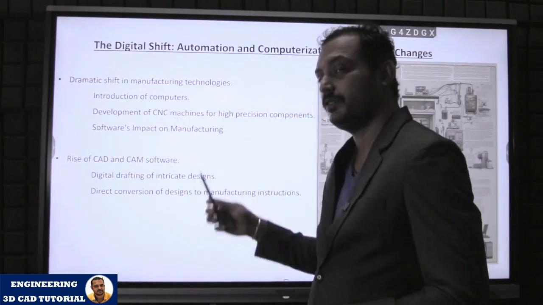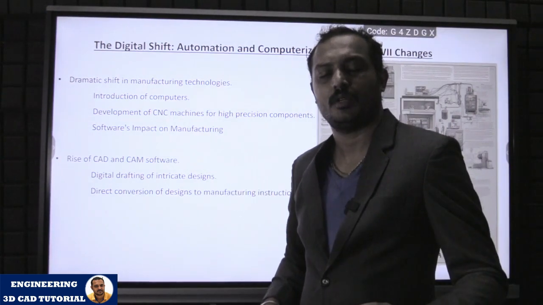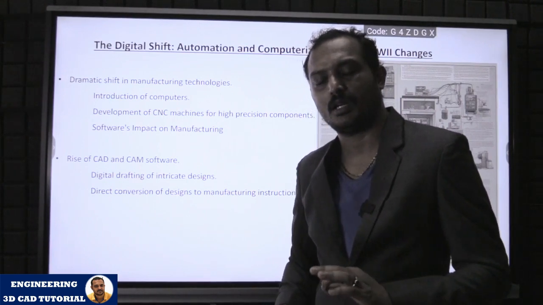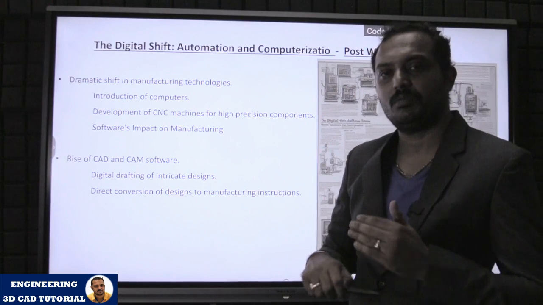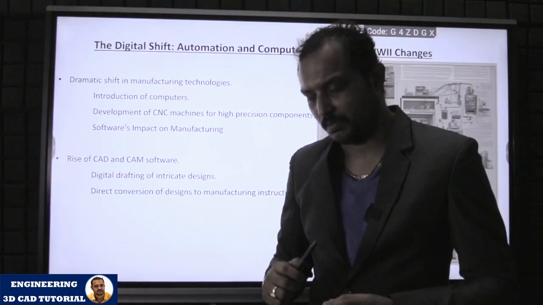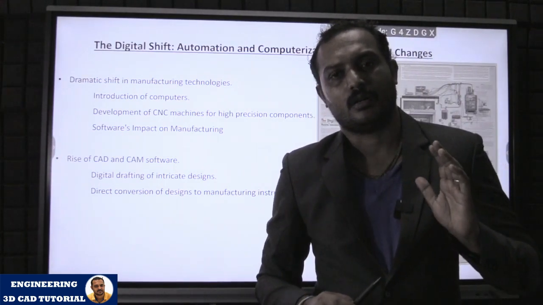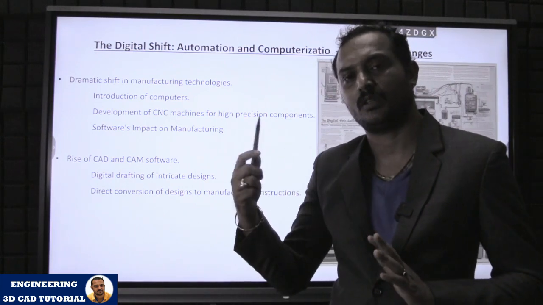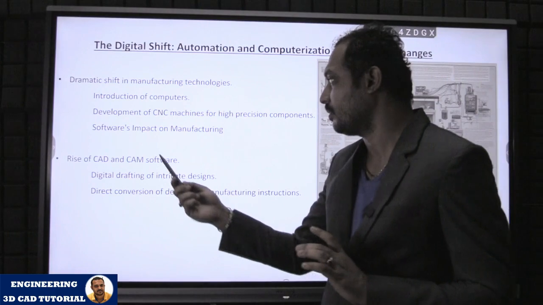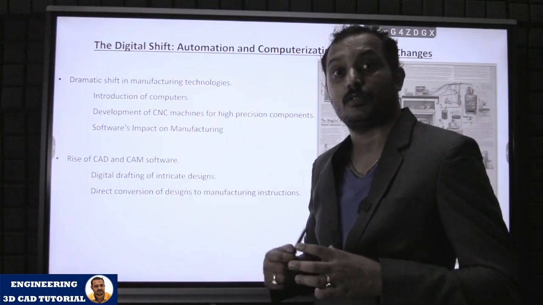But once the CNC came, with programming using different languages, the coding made the repeatability increase. The first component, 100 components, 1000, 10,000, 1 lakh, 2 lakh, 1 crore, the dimensions remain the same.